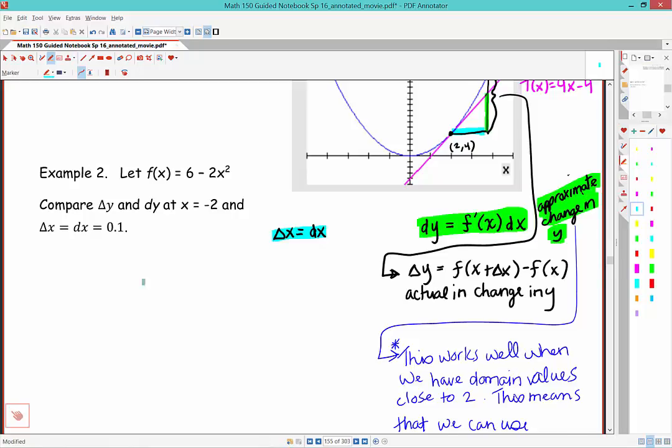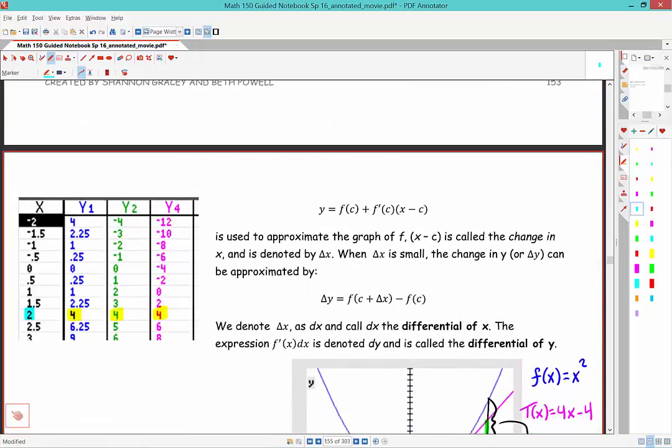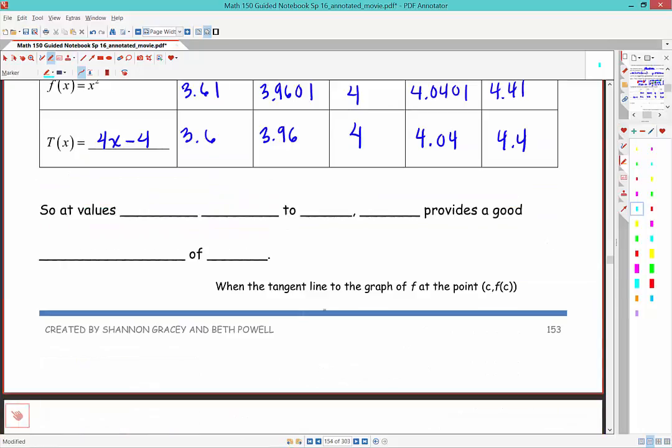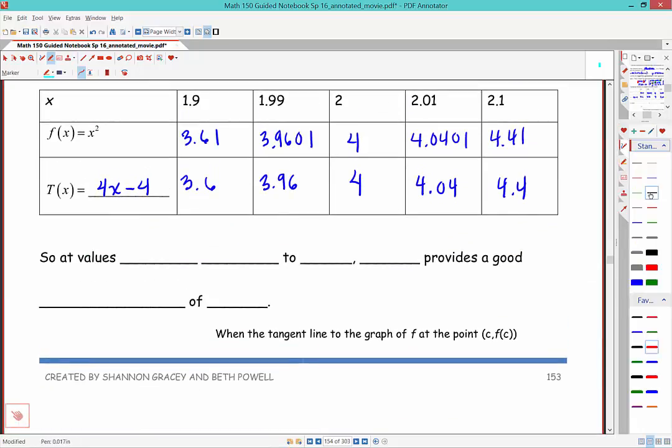We'll get to more of this later. So to make a long story short, at values which are very close to x equal 2, T at x provides a good approximation of f at x. Okay?